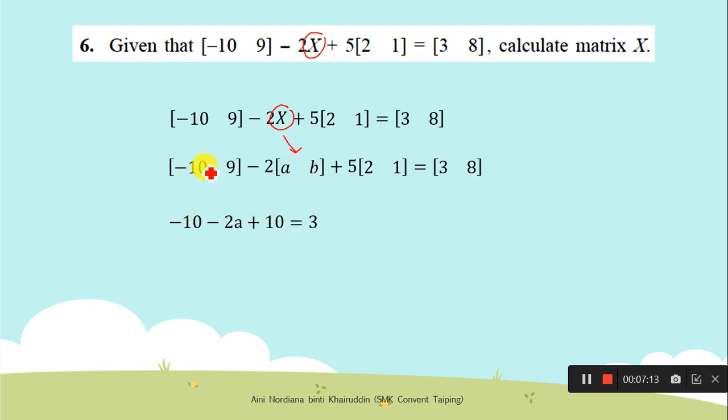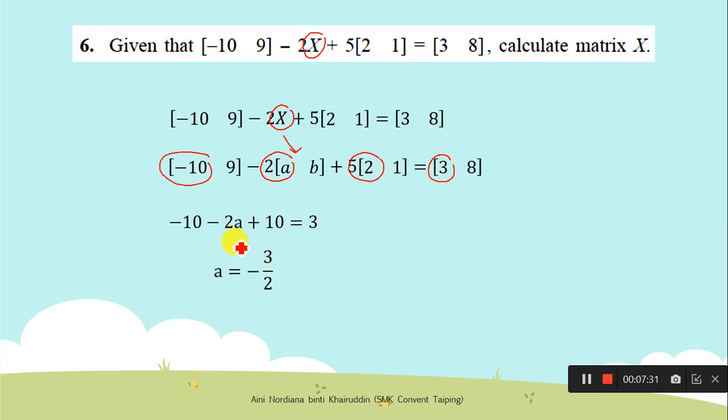So, next, negative 10 minus 2 times A, so 2A. So, negative 10 minus 2A plus 5 times 2 is 10 equals to 3. This is for the first row, first column.